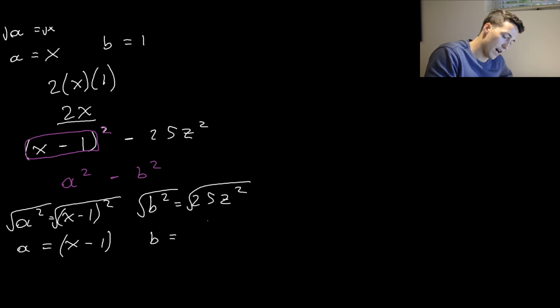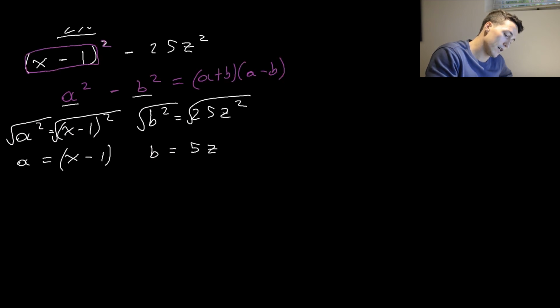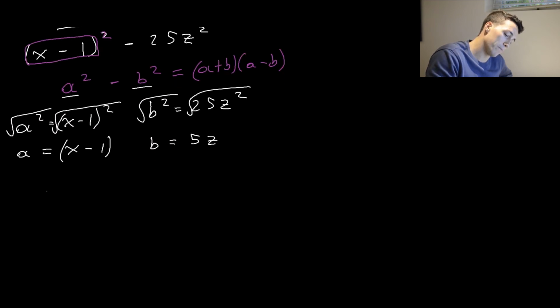So we square root both sides. That b is now going to turn into, well, the square root of 25 is 5, and the square root of z squared is just z. So now we've satisfied this part of the equation, and we could finish it off by saying this we know is equal to a plus b times a minus b.